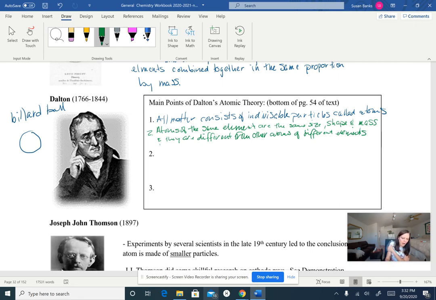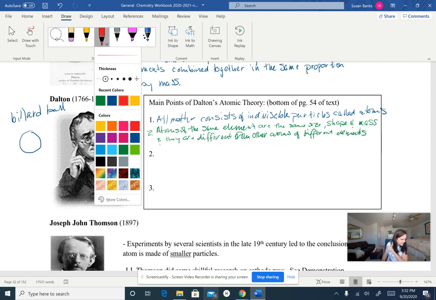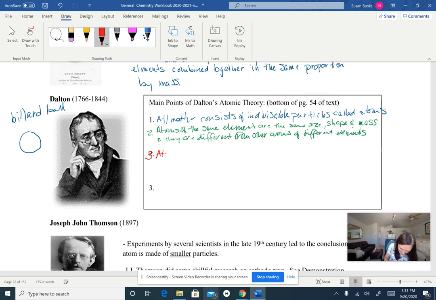Okay, our next idea here is atoms cannot be created or destroyed. So I'm going to make this 3. Atoms cannot be created or destroyed. Oh, I just totally misspelled that.